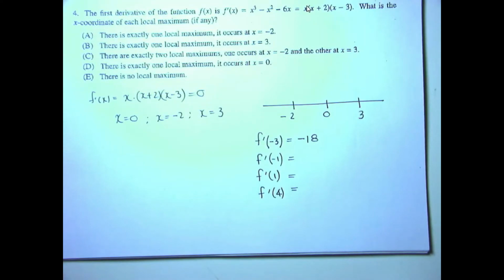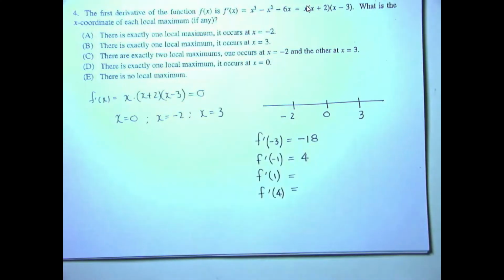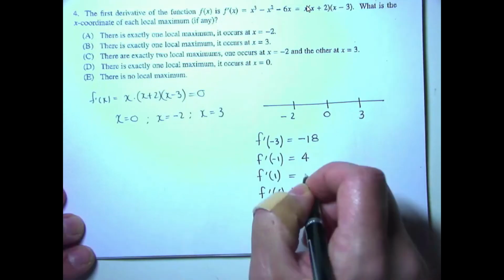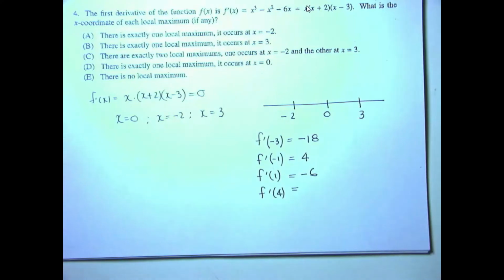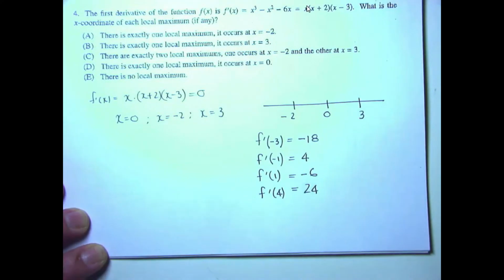When I evaluate at negative 1, I get positive 4. At positive 1, I get negative 6. And at 4, I get positive 24. All right, do you guys agree with those values?